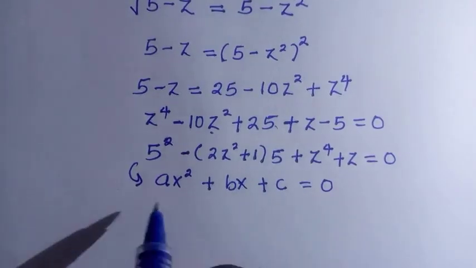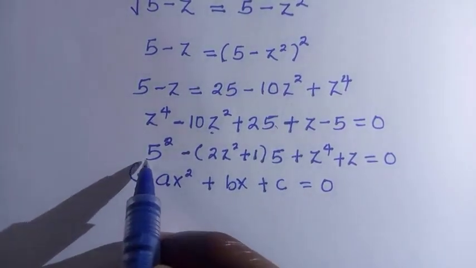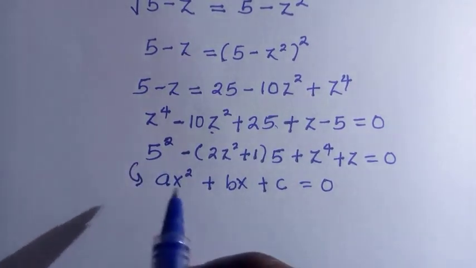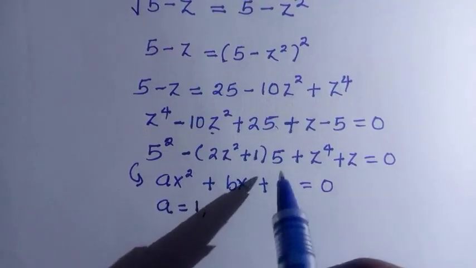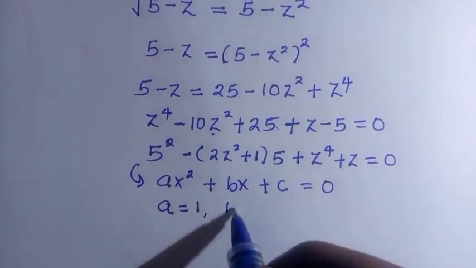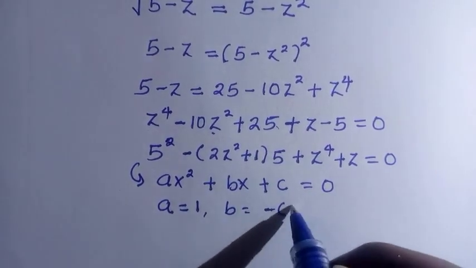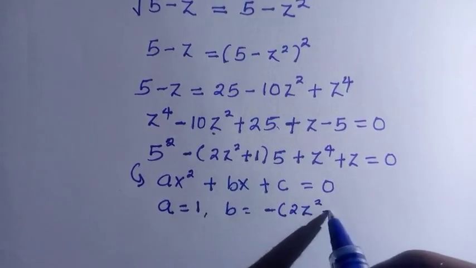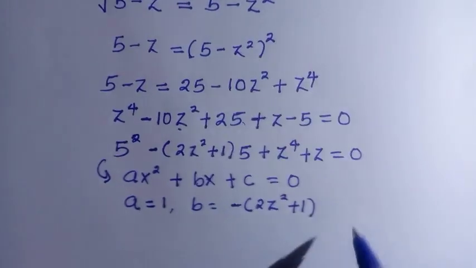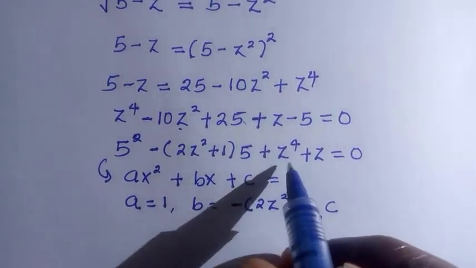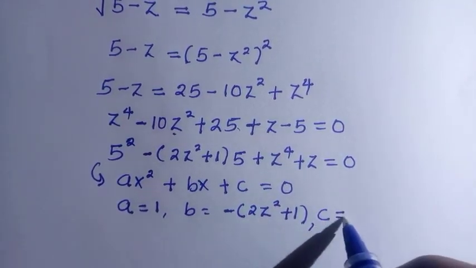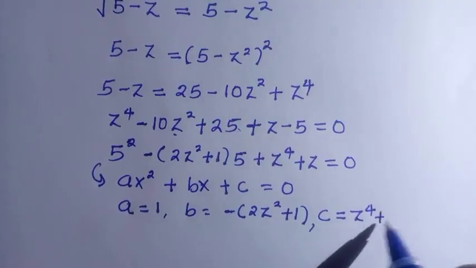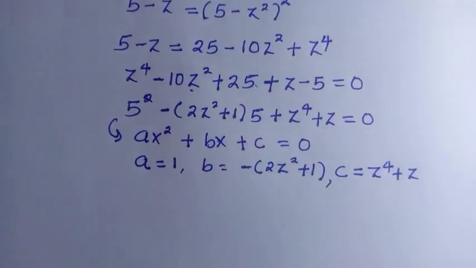From here, the value of a is the coefficient of 5 raised to the power of 2, which is a equals 1, and b is the coefficient of this 5, which is minus (2z square plus 1), and the last one, which is c, we consider as z raised to the power of 4 plus z. We have it as z raised to the power of 4 plus z. And here is what we have.